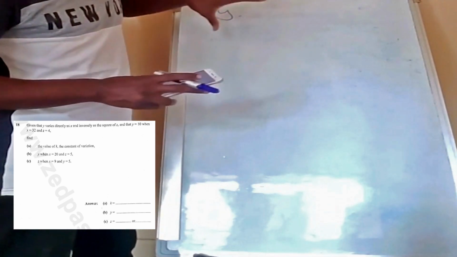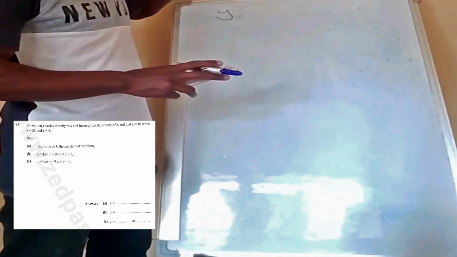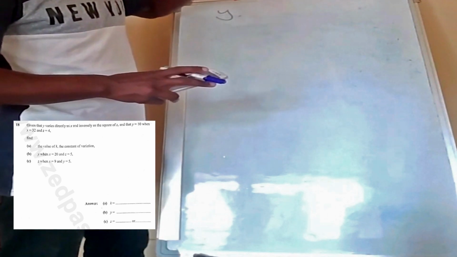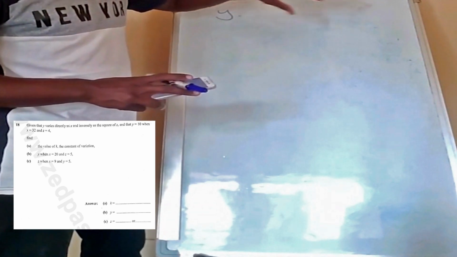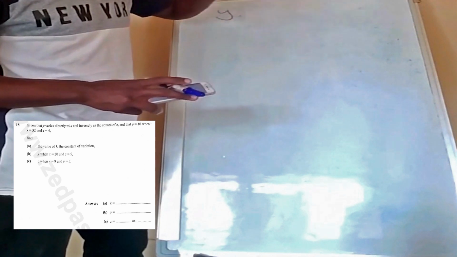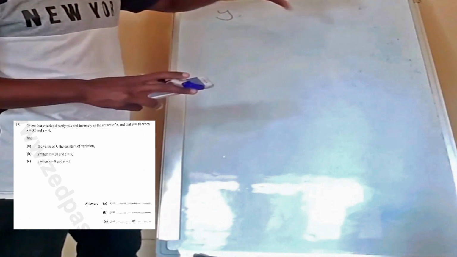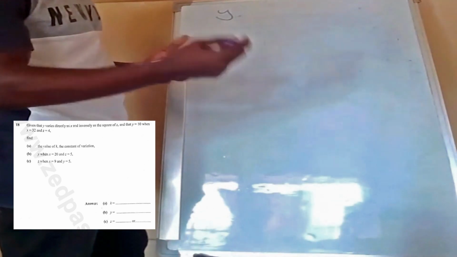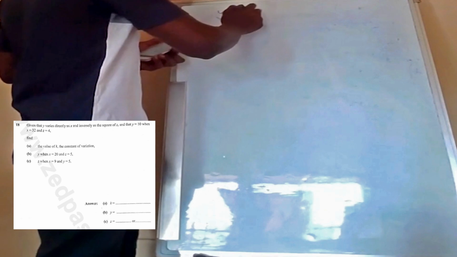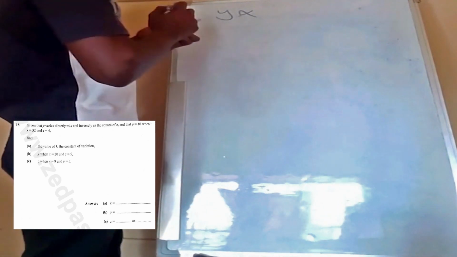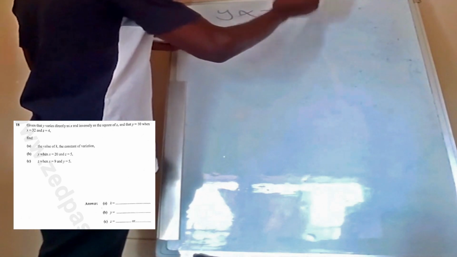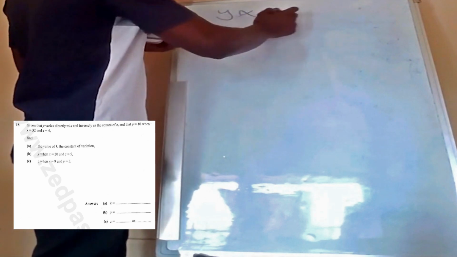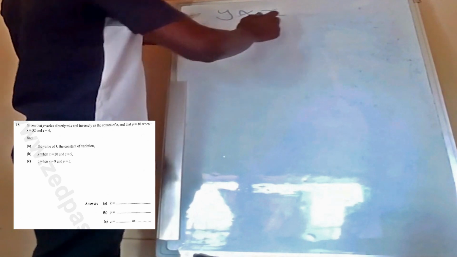You translate each and every sentence into some mathematical language so that you can easily replace the variables that you have with the numbers that you've been given as the values of those variables. So we start: y varies, so this is a symbol for varies, directly as x, and inversely as the square of z.